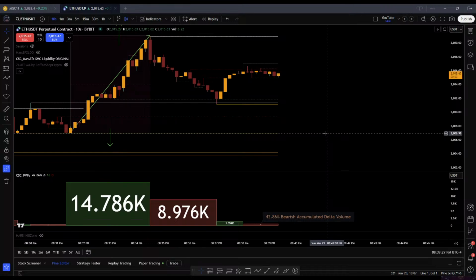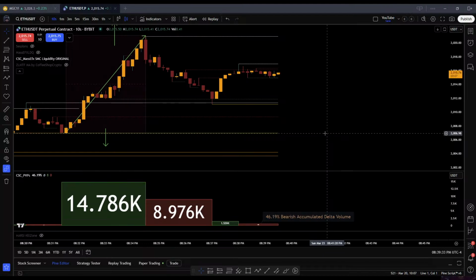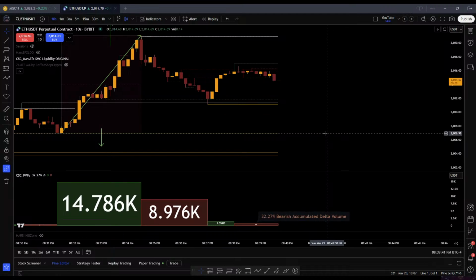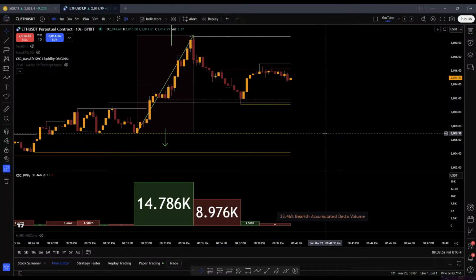So if your new zone is smaller than the previous one and it's an opposite colored zone, like if your old one was a green zone, the new zone is a red one, but it ends and it's a smaller zone, then all that is a confirmed pullback. It's just a pullback. That's it. So on a higher time frame, it's a smaller candle with less volume.